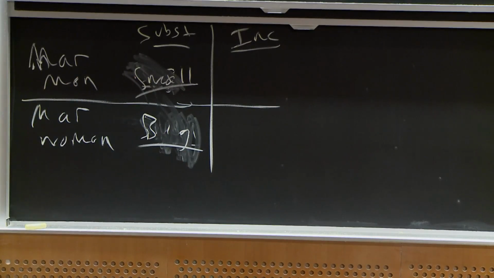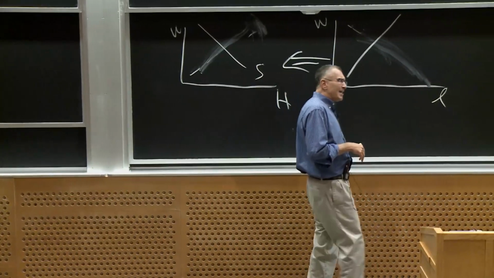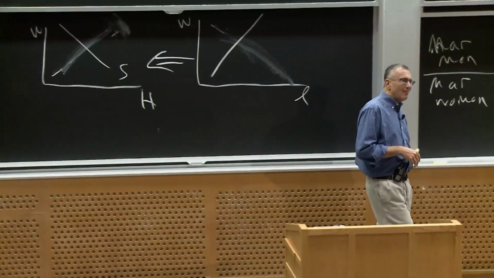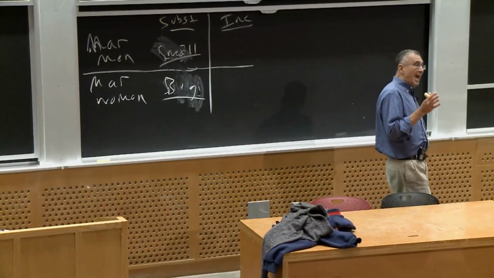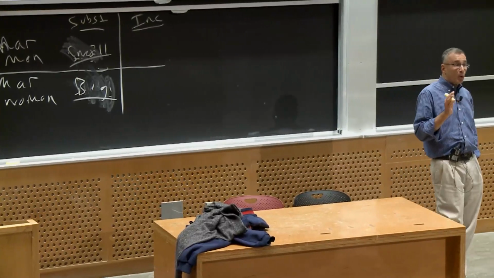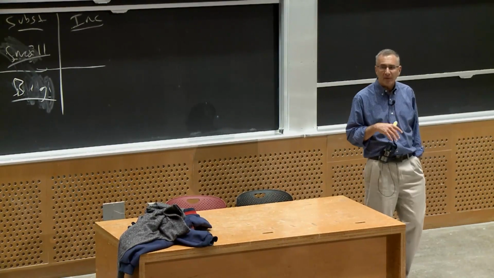Now, here's an even harder one. What about the income effect? I'm not going to ask this one because it's hard. The income effect is tricky because the income effect is not just how responsive your work is to income, but it also depends on how much you're already working.